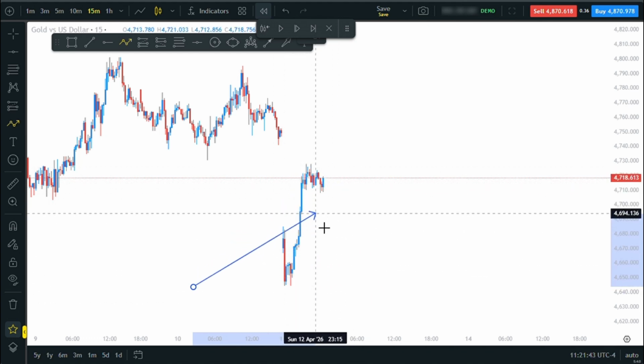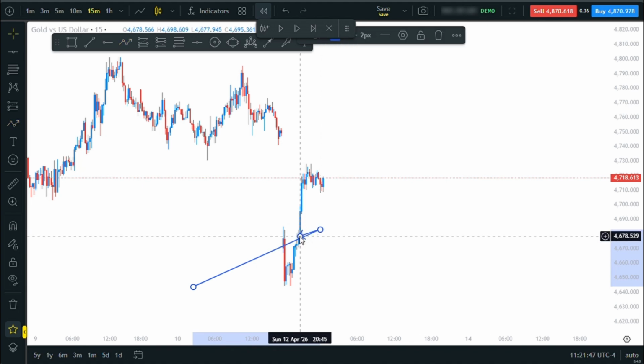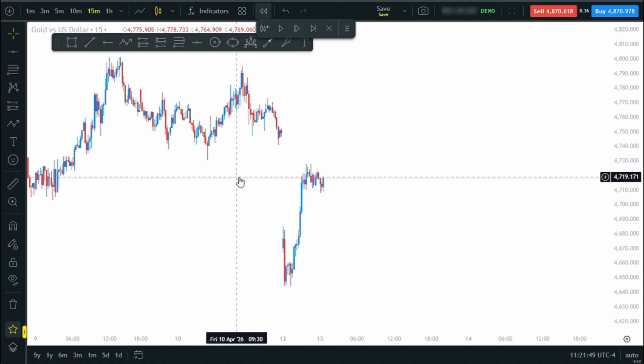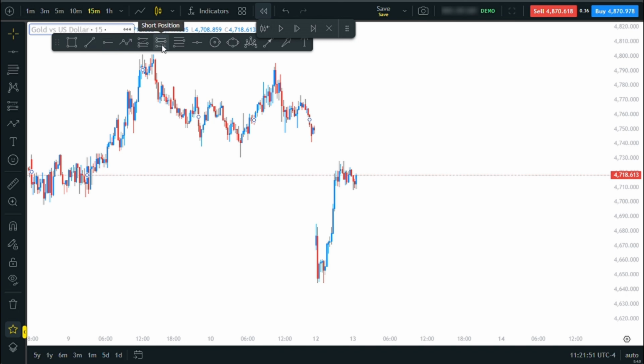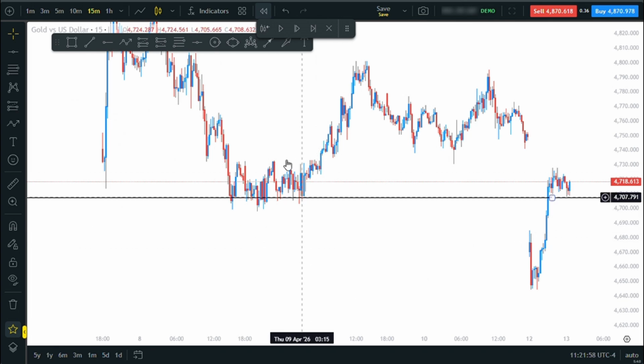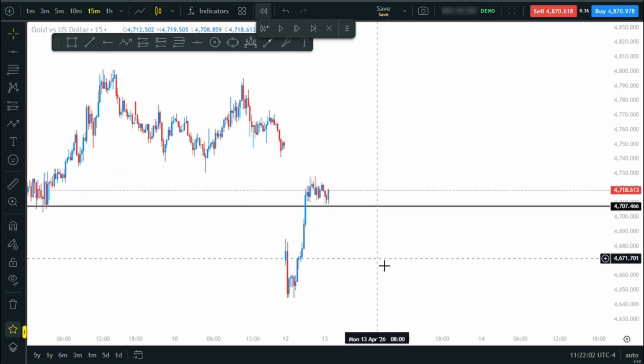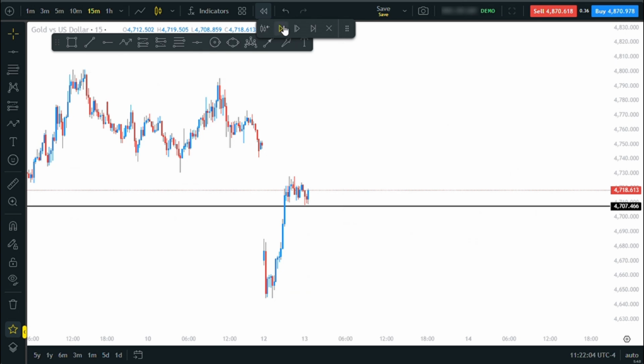Then I got a pretty small retracement here, which I saw that it could be a pretty good resistance. This was a pretty good resistance that the market respected way too far around here. And then I was waiting for one more move to confirm that it was a pretty good buying place.